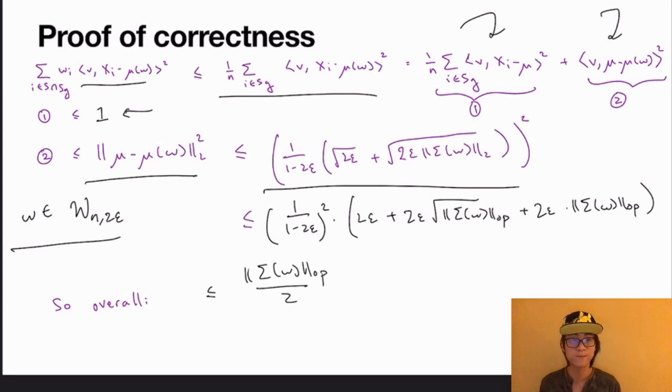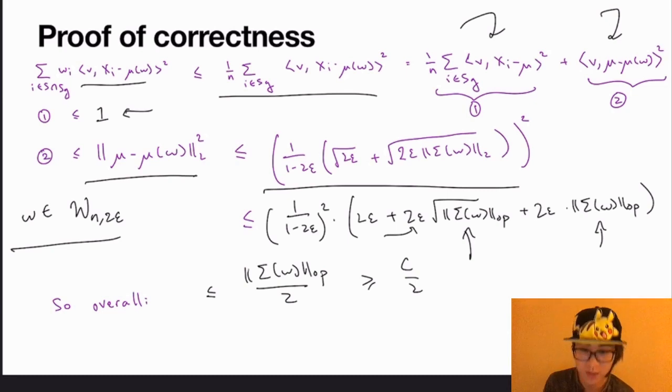So let's see why this is true. Well, the first term, certainly if I take c to be sufficiently large, so recall that we assume that this is at least c over 2, then the first term will not contribute anything. To show that the second term will not contribute anything, notice that there are terms here that depend on the spectral norm of sigma w, like this term and this term, but both of them are multiplied by coefficients that depend on epsilon.